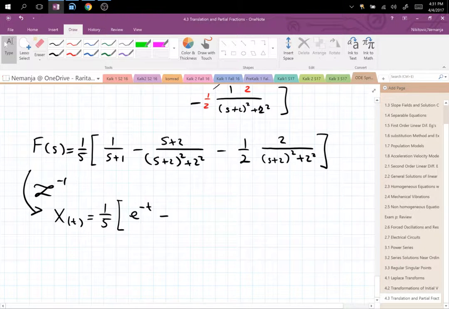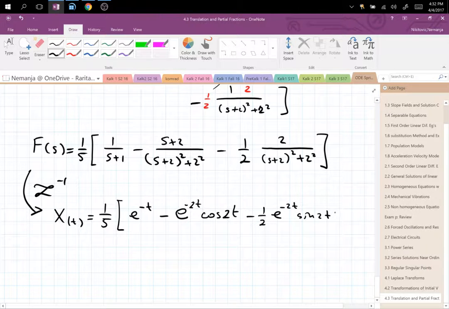So it's going to be e to the negative 2t cosine 2t minus 1/2 e to the negative 2t sine 2t.